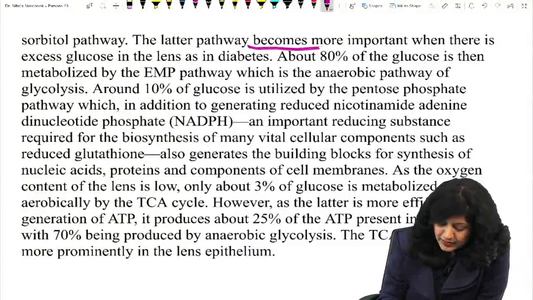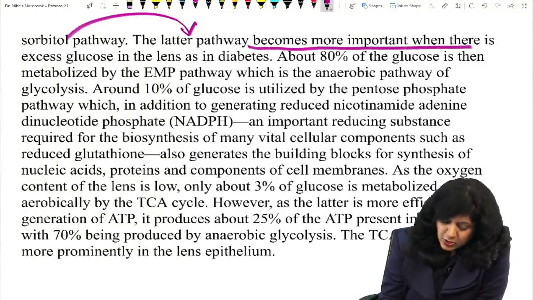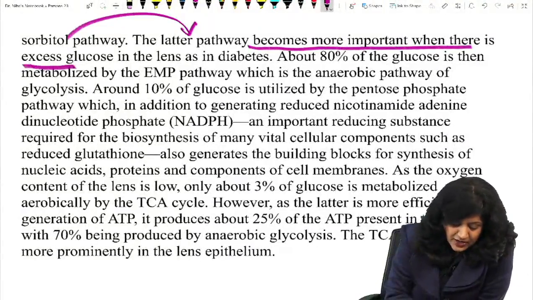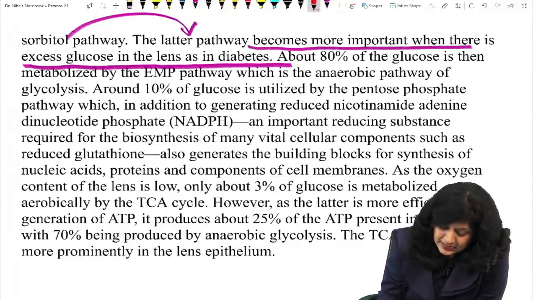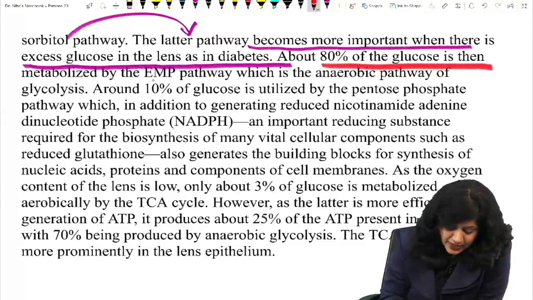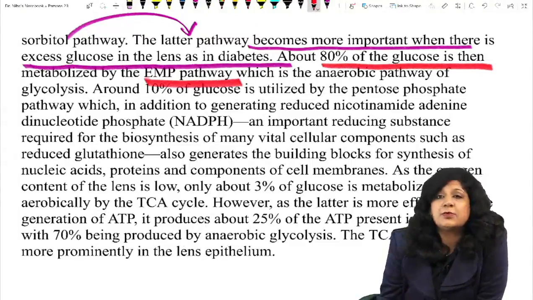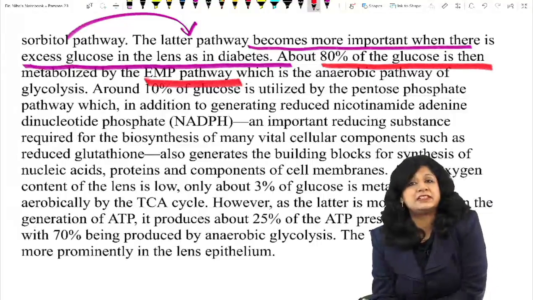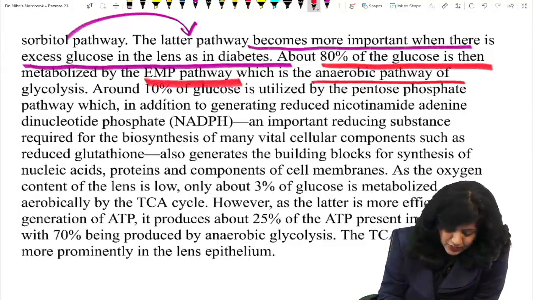As I told you, the latter pathway means the sorbitol pathway. This sorbitol pathway becomes important when we have excess glucose in the lens, as in diabetes. About 80% of the glucose is then metabolized by the EMP pathway. I told you that about 80% of the metabolism taking place in the lens is anaerobic glycolysis.